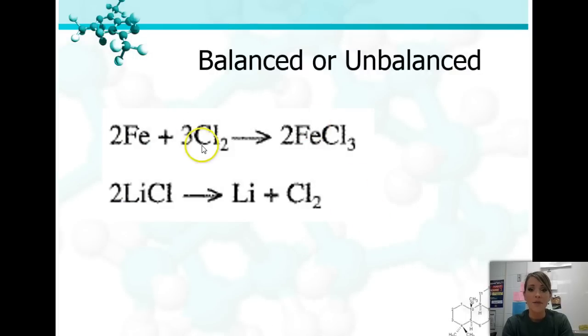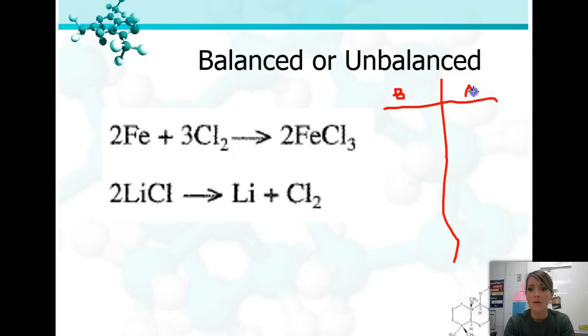All right, here's a couple of examples that actually have the chemical formulas and the chemical equation written out. So let's see if we can tell if these are balanced or not. Let me get my pen out here. Okay, so here we have before, I'm just going to put a B here for the before, and then after. We have 2 iron before, and we have 2 iron after, Fe.